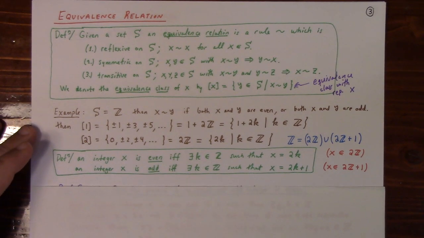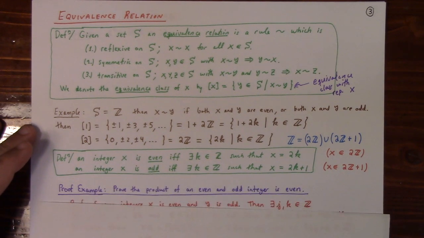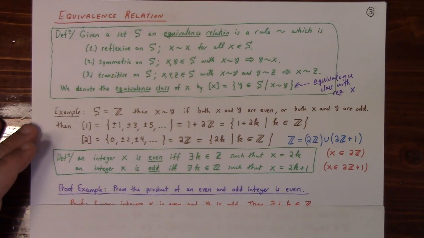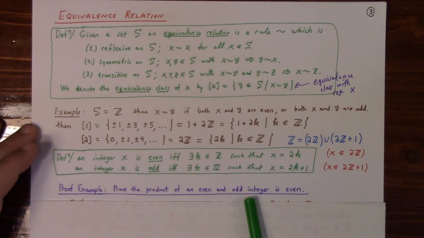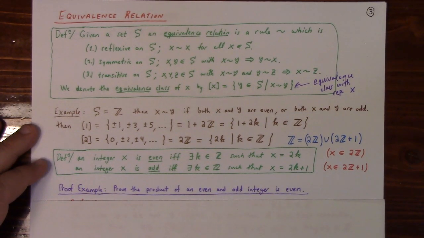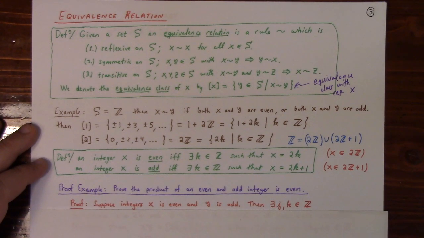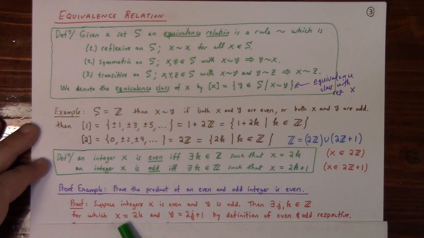I think it's only fair to give you an example of such a proof, so here it is. Proof example: prove the product of an even and an odd integer is even. Suppose integer x is even and y is odd. Then there exist j and k in the integers for which x is equal to 2k since x is even, and y is equal to 2j plus 1 since y is odd, by the definition of even and odd respectively.